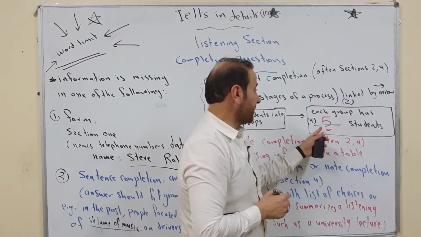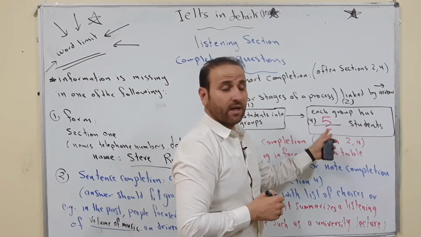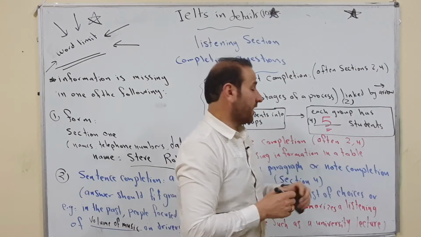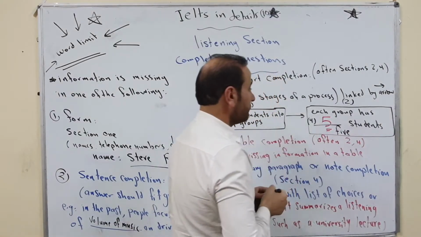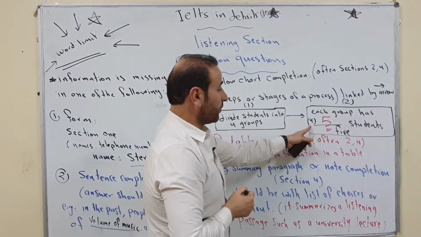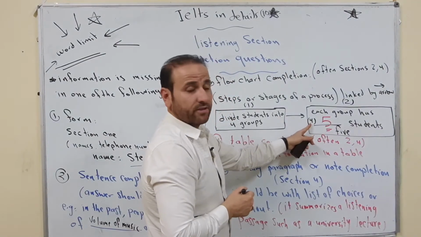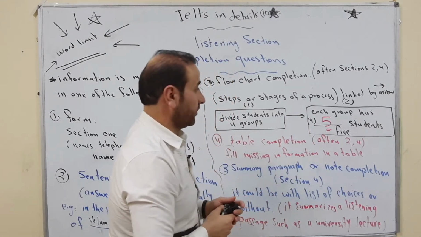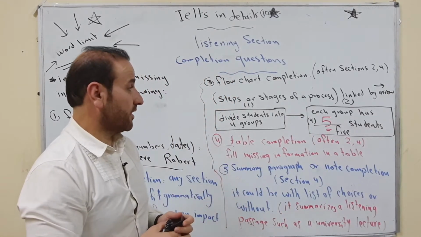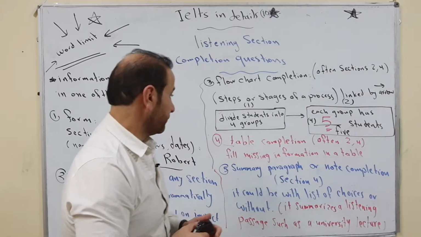So in this step, we have to write the number. We can write the number or as a word, 5. This question number 4, or question number 14, like this, is considered one of the questions that we need to take into consideration.